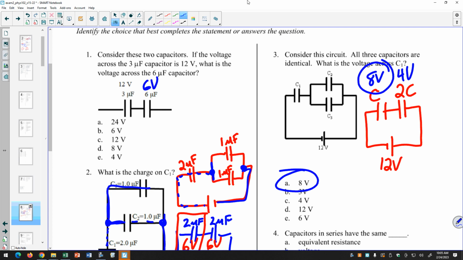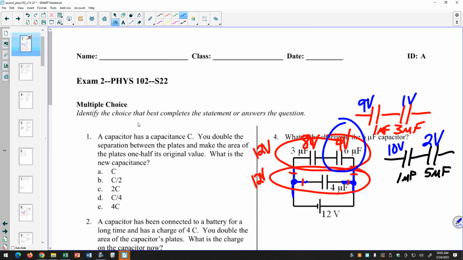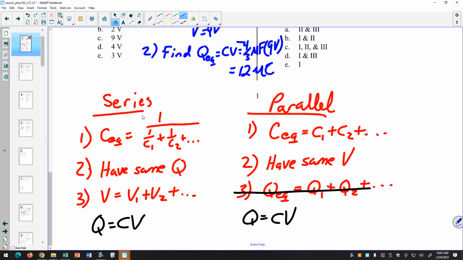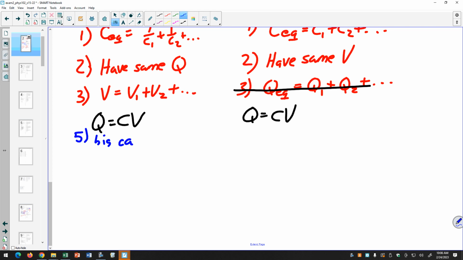Right. So on those rules, let's go back and we'll add a little subset of rules where I'll just put it over here to the side. In series, this will be like rule number 5 for series. Big capacitors, big caps have small voltages, and small caps, or small c, has big voltage.